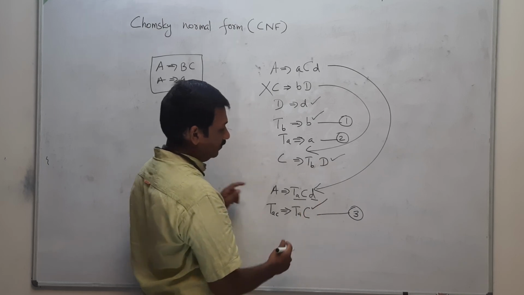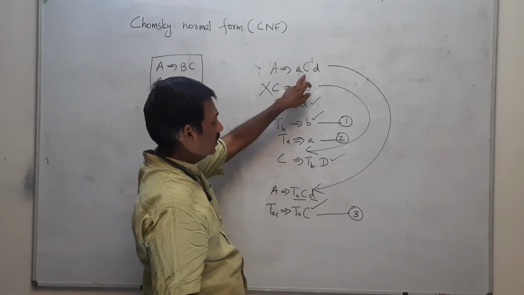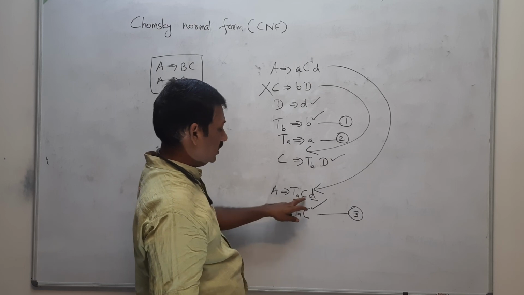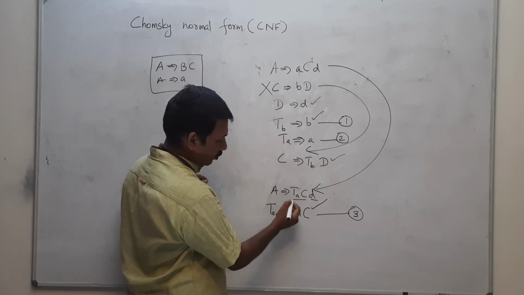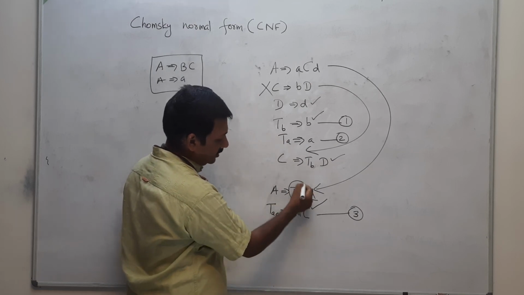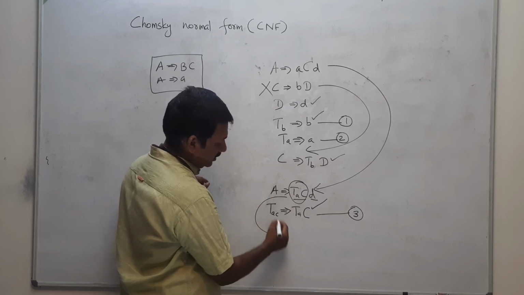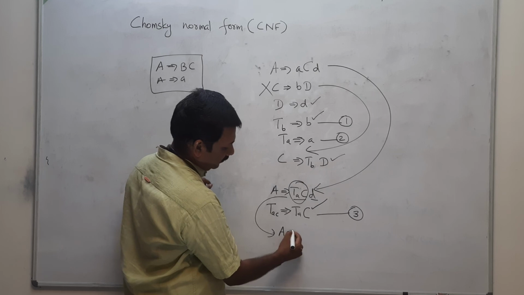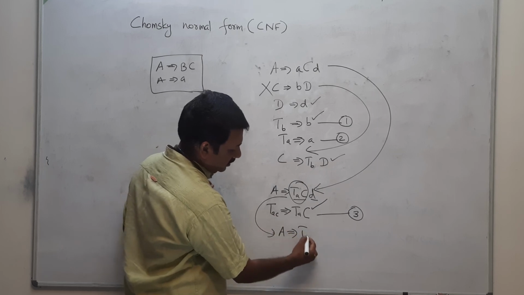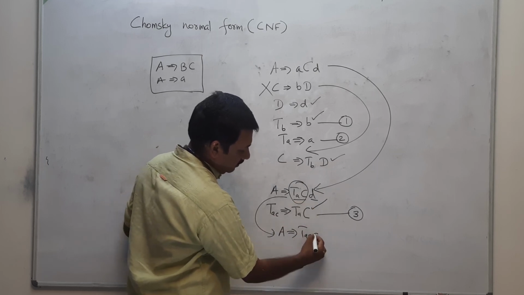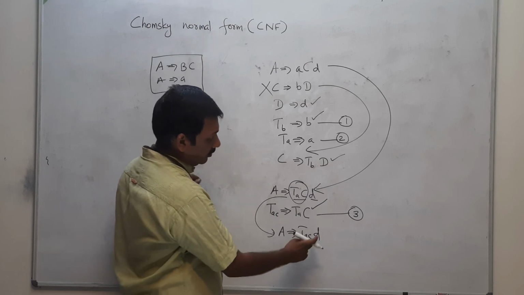And now what is aCD? TAC D. Now I am going to replace this TA C with TAC. That means A derives TAC D. Now what about D?